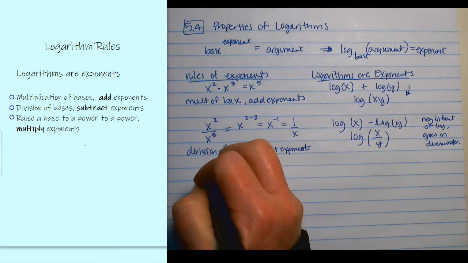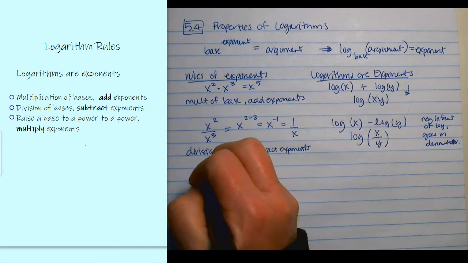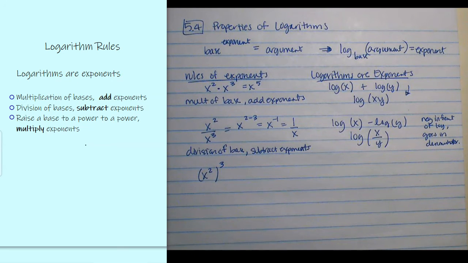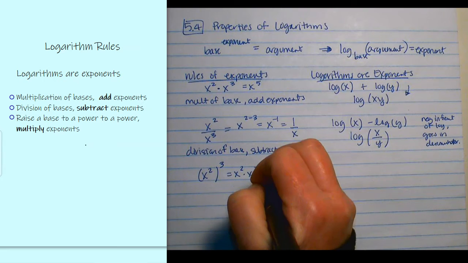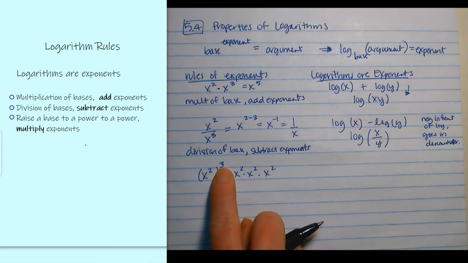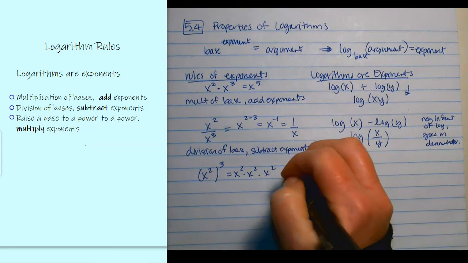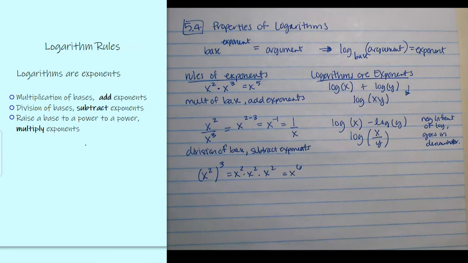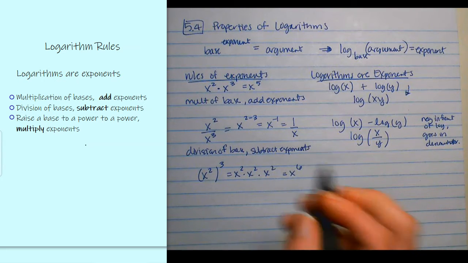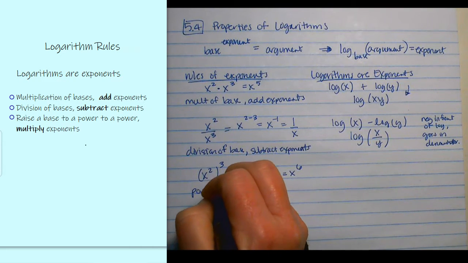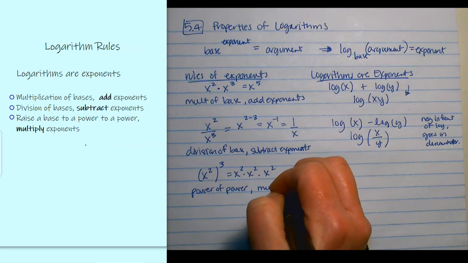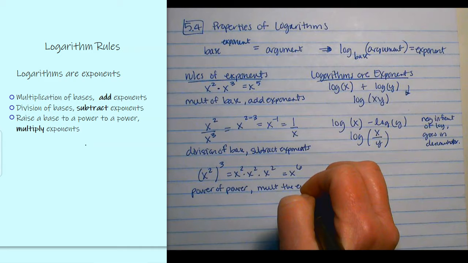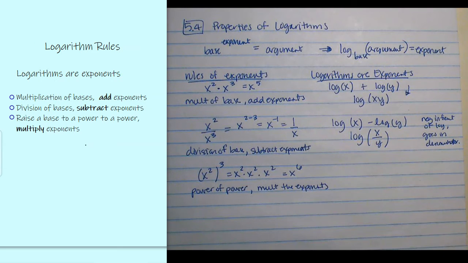One last one we're going to do, if we had x squared raised to the 3rd power, that means we have x squared 3 times of this, whatever this is, and that gives us x to the 6th power. The short way to know it, though, is if we raise power of a power, we keep the base and we multiply the exponents. So same rule is going to apply with logarithms.